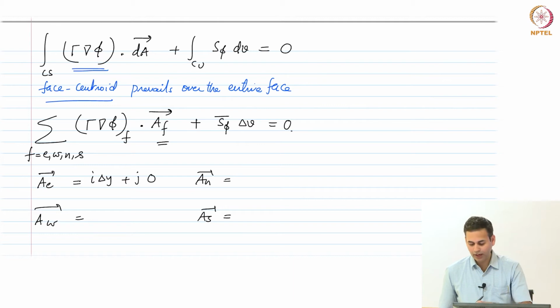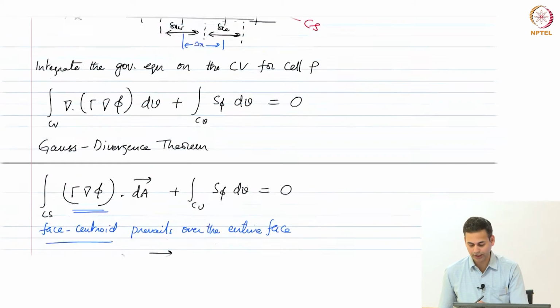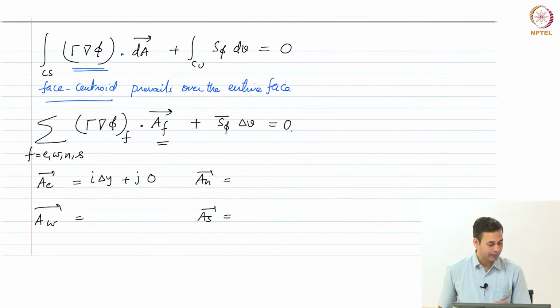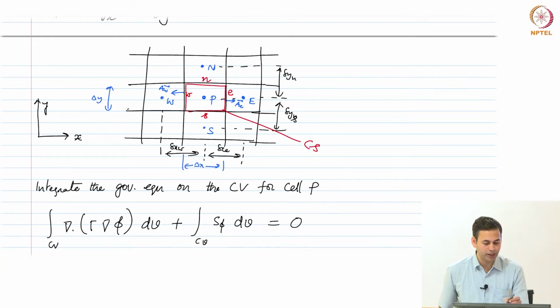What will be A west bar? Minus i times the magnitude, which is delta y, because it is the same rectangular cell. So, this would be minus i times delta y. What about A north? Delta x is the magnitude, and it is pointing in the j direction.